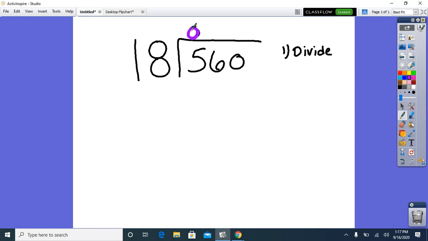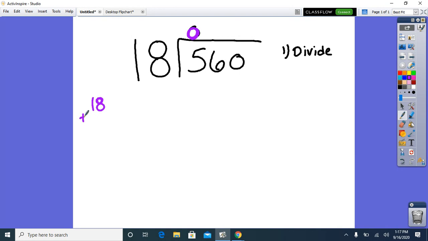And because it didn't go in, we don't have to go through all the steps. We just need to move over and look at this whole entire 56. So now I'm going to see how many times 18 will go into 56. A way that I like to do this is just adding 18 until you go over it, and then seeing how many times it will go into 56.